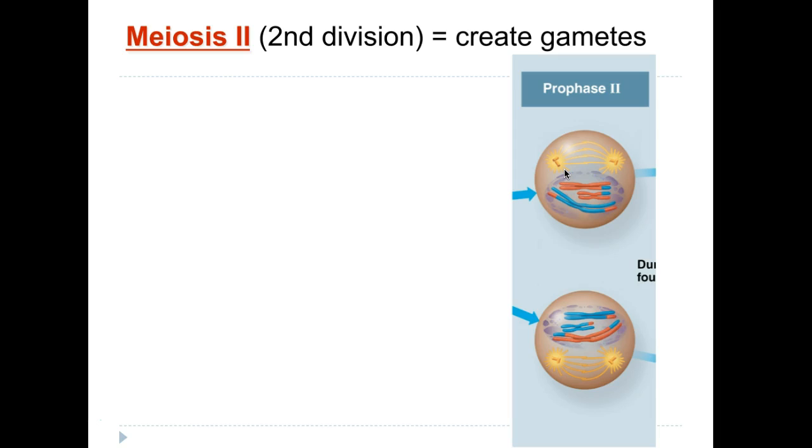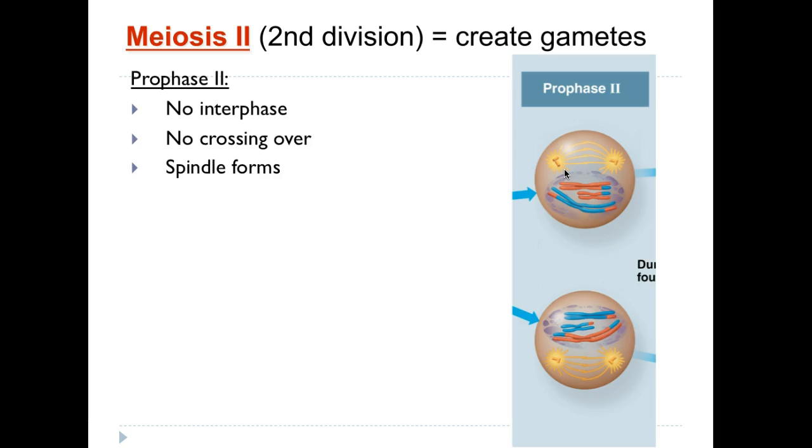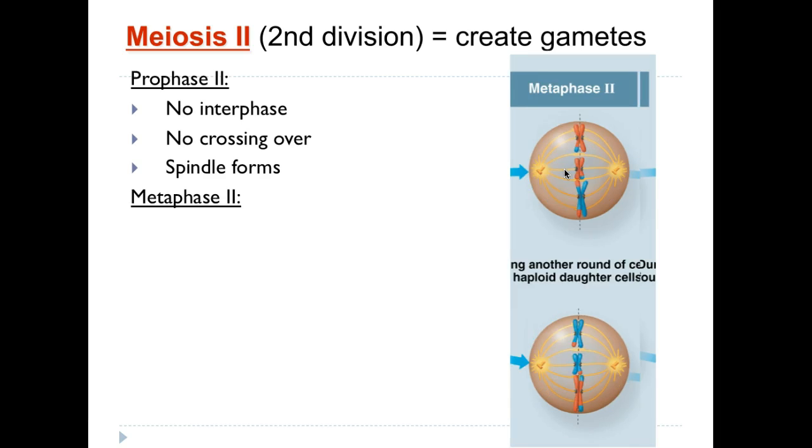So after interkinesis, in which there is no replication of DNA, we go through meiosis 2, which is a second division, and that ultimately is going to result in the formation of gametes. So in prophase 2, there is no interphase, no crossing over will occur, the spindle fibers are going to reform, okay?